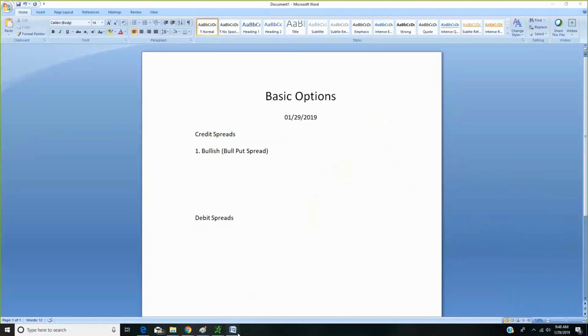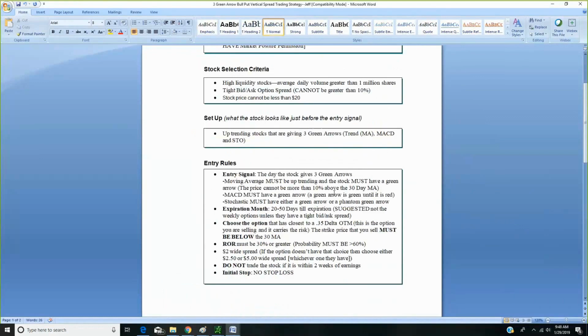So if you really look at the rules, even though this has 3 green arrows, just go to your entry rules. They're pretty much the same. The only thing you're going to substitute is right here. Expiration, 20 to 50 days. You want to choose the option that's closest to 35 delta. Now, this says you must sell below the 30-day moving average.